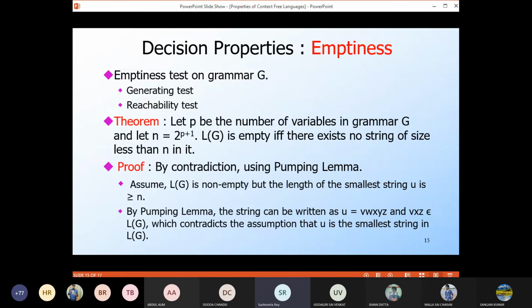Can anybody tell me what the generating test tells? It tells whether this non-terminal generates a terminal string or not. And what about the reachability test?